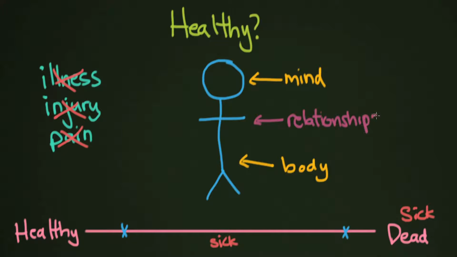And they're very connected, obviously, with the mind. How your relationships are going often has to do with your mind. But relationships are also one of the most important things in our life. And if they're not going well, then maybe it's kind of hard to be healthy. So living a healthy life is about having a mind, a body, and relationships that are all working for you.